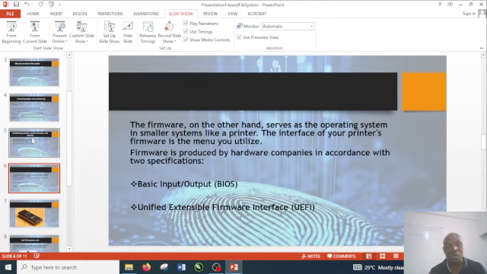The first one is called BIOS, or basic input output. And remember, when we are looking at the hardware, there is something called CMOS BIOS. It means the CMOS BIOS is where the instructions are put by the manufacturer to help set some of the information needed to start the computer.